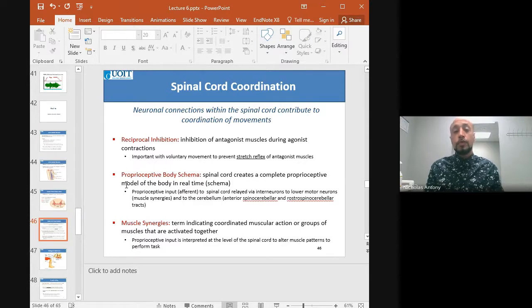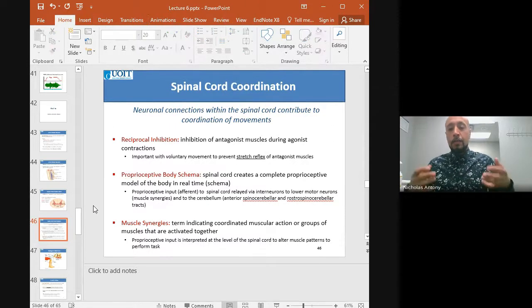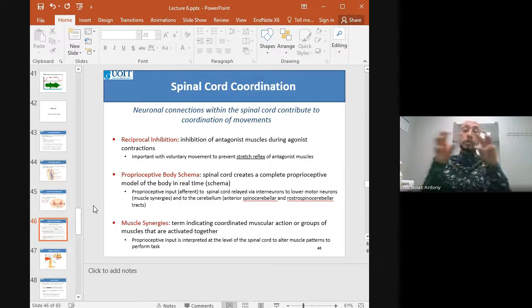Okay, so understand this, that the proprioceptive information that's coming from all of our muscles first has to go to the spinal cord, and then it goes from the spinal cord to the appropriate areas, right? That input into the spinal cord through interneurons can adjust and influence the activation of different muscles reflexively. And so at every level of the spinal cord, we have what's called a proprioceptive body schema.